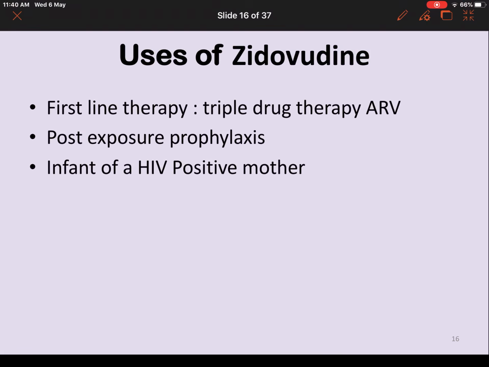Where do we use zidovudine? Zidovudine is used as a first line of therapy in antiretroviral treatment of HIV. It is also used in post-exposure prophylaxis. For an infant of a mother who is HIV positive, we also use zidovudine to prevent HIV infection in the infant or in the newborn.